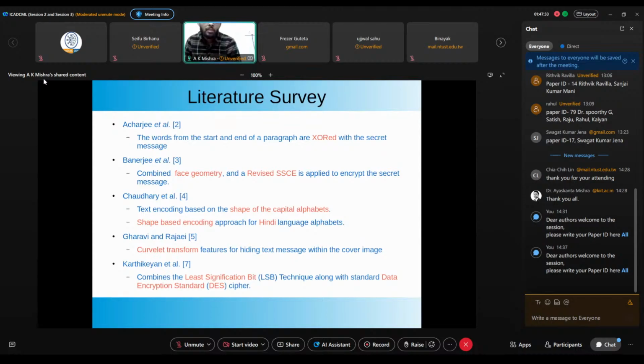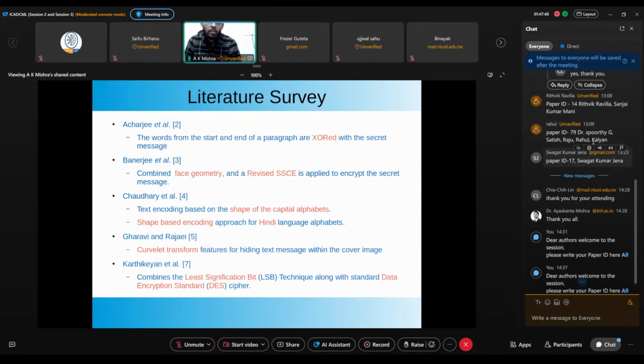After that, we will walk through the literature survey that we did before arriving at the final work that we have done. After reading papers, we found some of the methods that were already used. One method was XORing the secret text with the words at the start and the end of each paragraph.